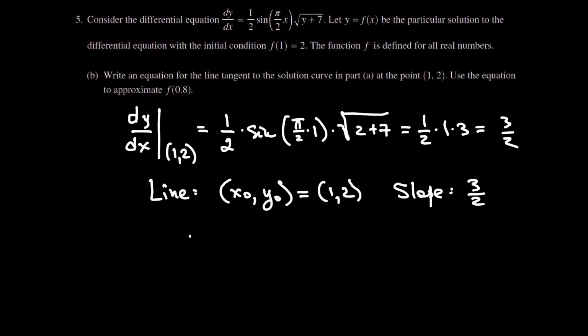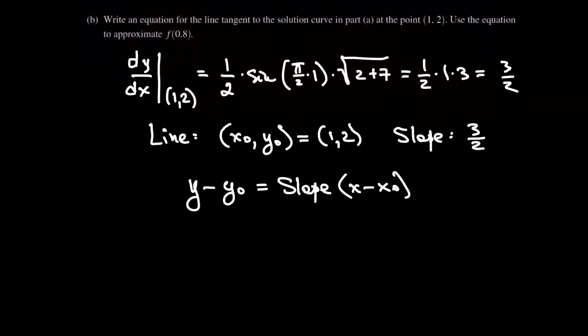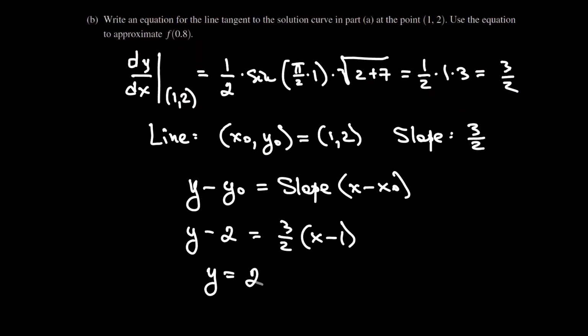The equation of this line is y minus y0 equals slope, just a reminder, times x minus x0. Plugging in our values here gives us y minus 2 equals 3 over 2 times x minus 1. Adding 2 to both sides gives us y equals 2 plus 3 over 2 times x minus 1.